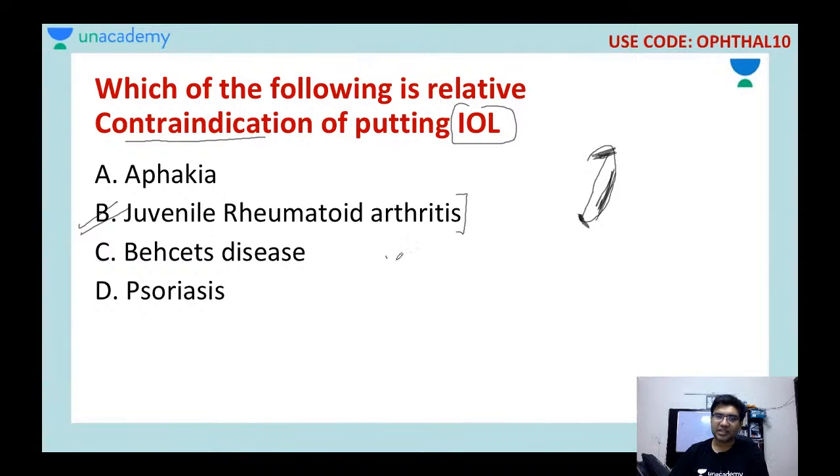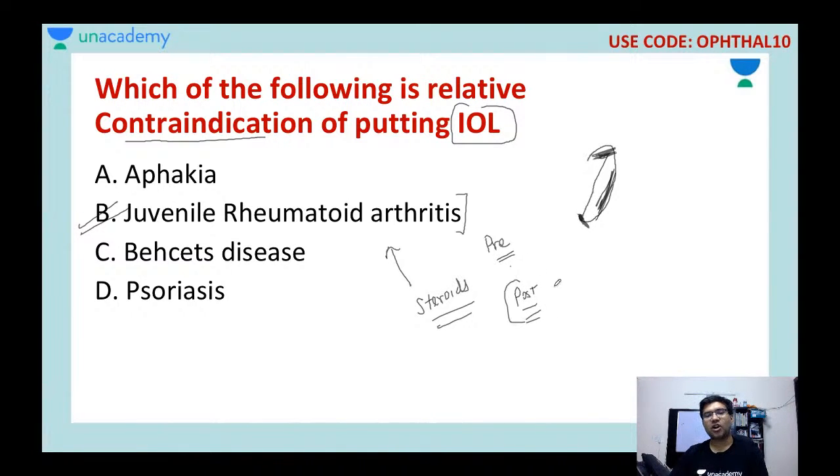Nowadays, with the improvement of the technology, we are giving oral steroids before the cataract surgery. When we give the oral steroids before the cataract surgery, we can take care of the inflammation part also, and when the inflammation is taken care of, we do not get so much fibrosis. So we start the steroids pre-operatively, we give the systemic steroids post-operatively also, and we hope for the best.